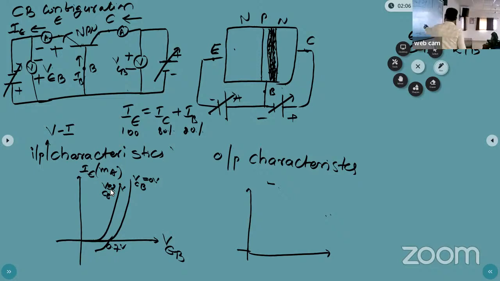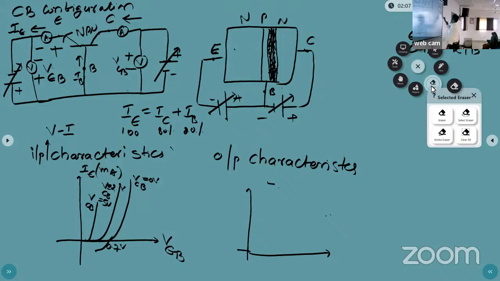Okay, now if you are increasing the BCB voltage again to 5 volts, then what will happen? BCB is equal to 5. That is the input characteristics, right? Now coming to output characteristics.